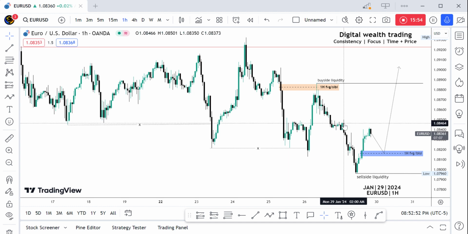It is the 2 o'clock AM candle. You can see there is a swing high taken, an hourly swing high taken here, and price really takes out this short time high and runs into this imbalance.